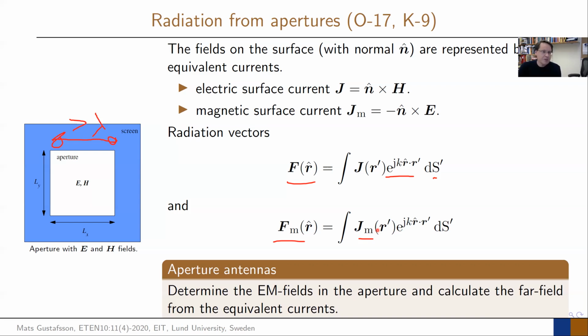It doesn't have to be, it's not in slot arrays, but in horn antennas and parabolic dishes, they start to be large. They start to be electrically large. And that means that the patterns are typically changing a little bit. But the procedure is exactly the same as what we've done before.